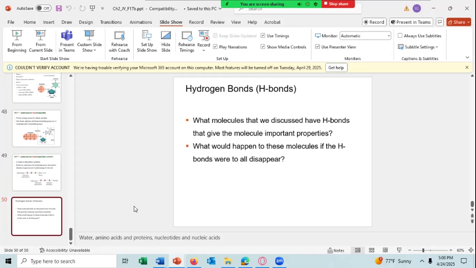So let's briefly talk about hydrogen bonds. What molecules have we discussed that have hydrogen bonds that give the molecule important properties? Anyone? What molecules have we discussed that have hydrogen bonds that give the molecule important properties?